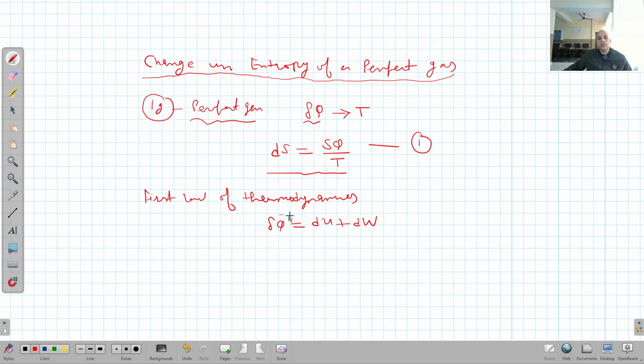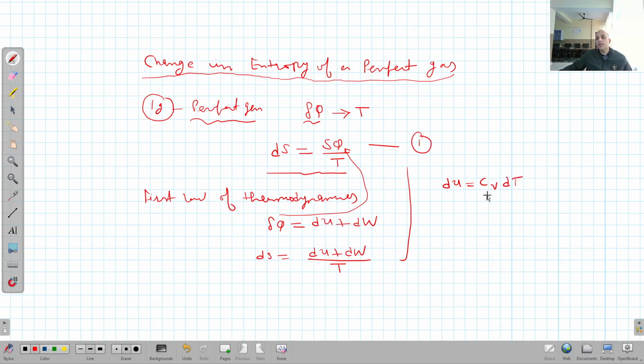So I can put this value here, and it gives me dS equal to (dU plus dW) upon T. Now, we are considering 1 mole of perfect gas, so we know the relation dU is equal to Cv dT.